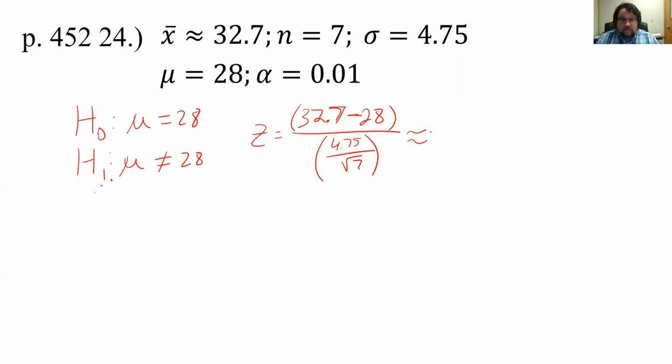So 32.7 minus 28 divided by the standard error with n equal to 7. So it looks like this is about 2.62. And again, when we're using the Z table, we want to round it to 2 decimal places because that's how the Z table is set up.